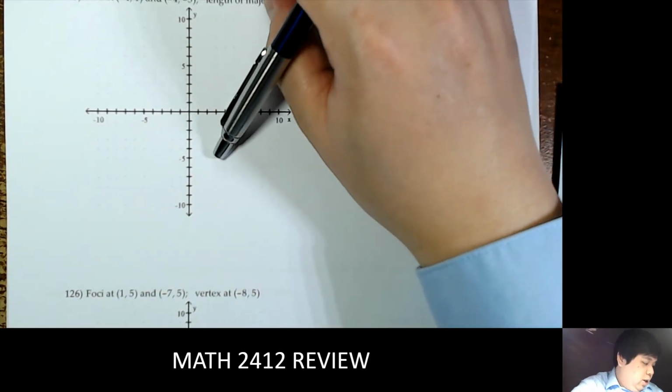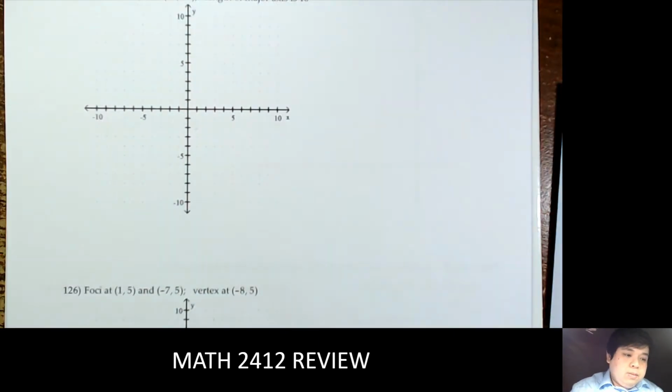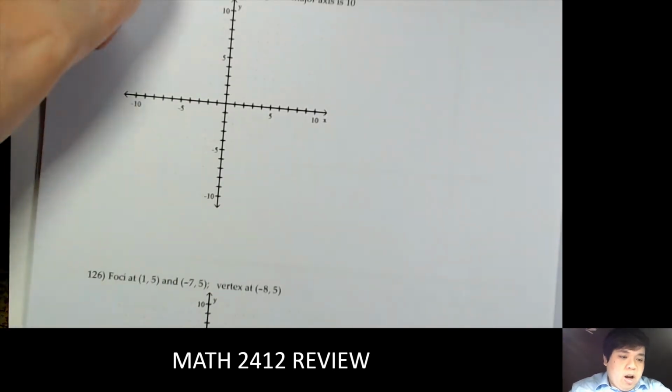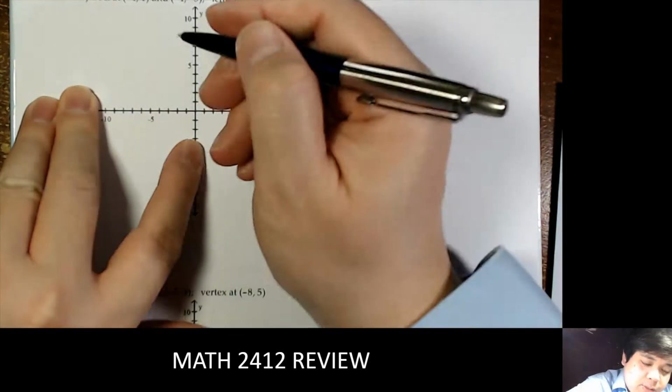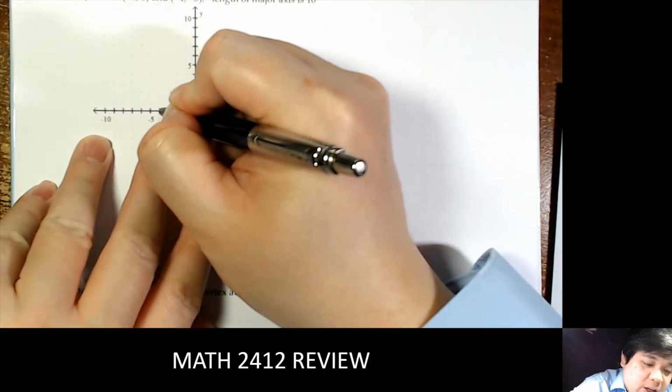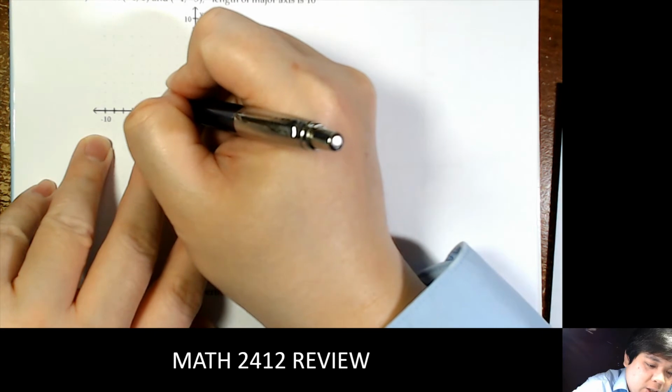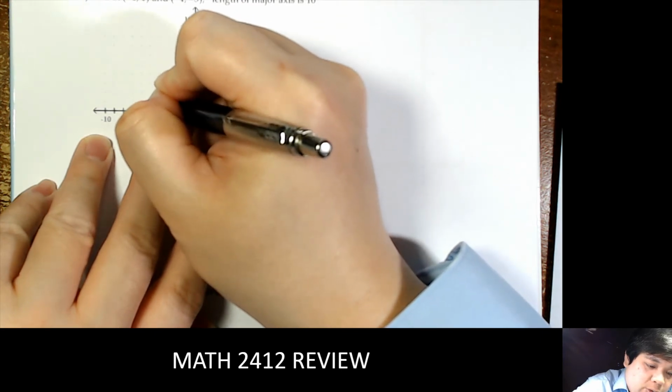We have another ellipse here. Find the equation of the ellipse, describe, and then graph the equation. We have two foci: x equal to negative 4, y equal to 1, that's one focus.